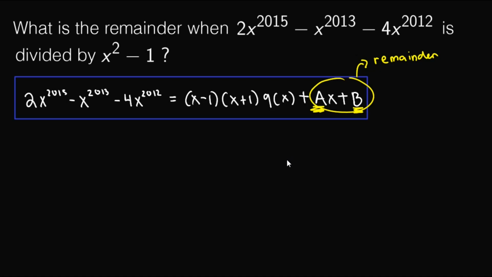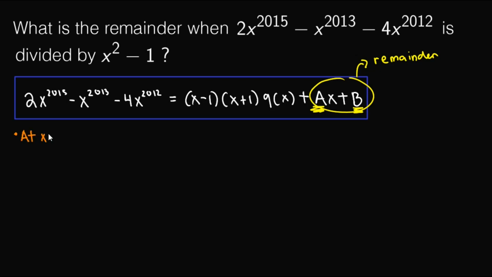We'll use these two factors. Observe that at x equals 1, this becomes 0, so we have eliminated this part of the equation. Similarly, if x is equal to -1, this becomes 0, and multiplying that to this part of the equation eliminates it as well. We'll use that idea to solve this.